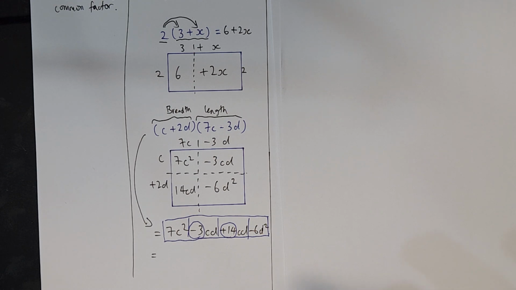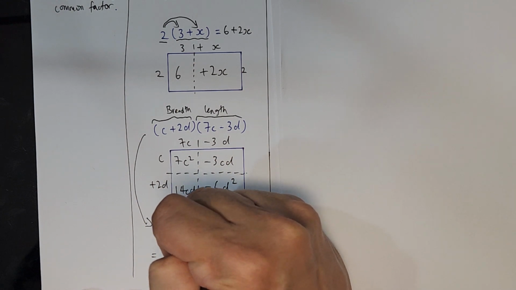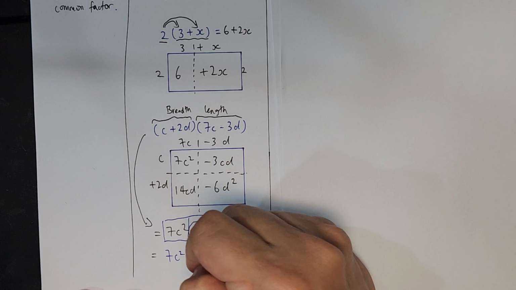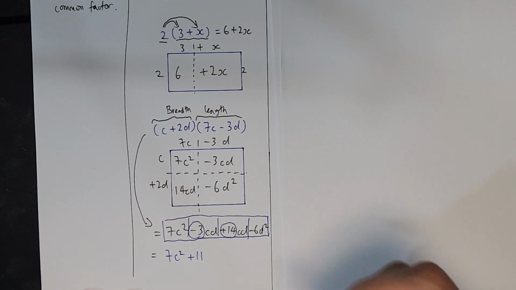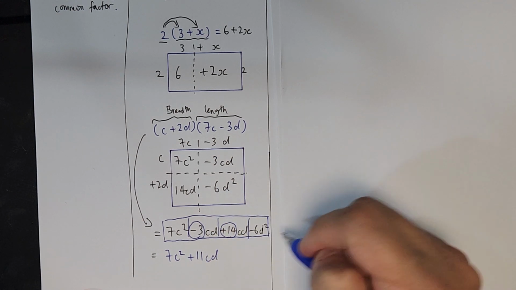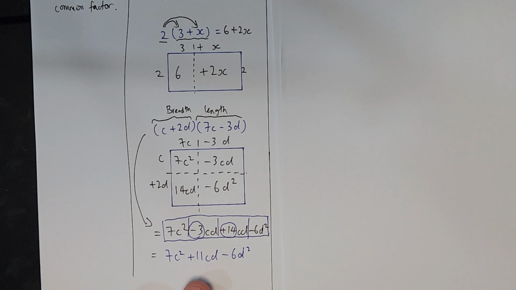This is how we add or subtract like terms. This one will give me 7c squared. Negative 3 plus 14 gives me positive 11, and because both are the cd term, this one will be 11cd. And lastly, negative 6d squared. So this will be the expansion.